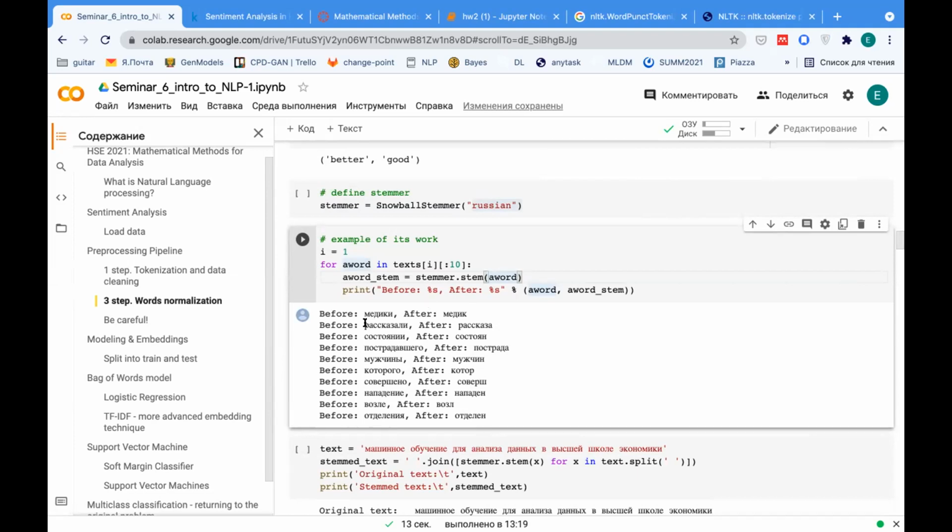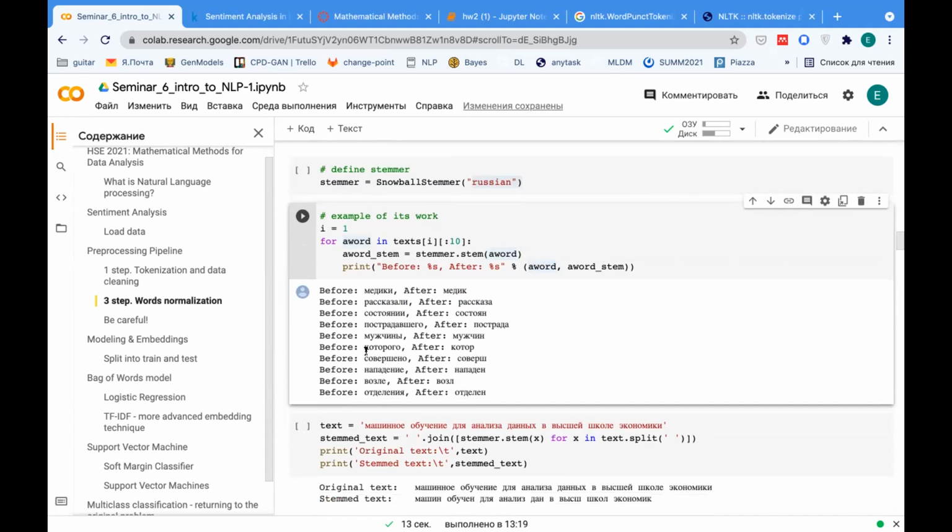For example, we can see that we have some verb, and then we have a bit broken word, since it lost the last two characters, and other words are also a bit strange after stemming.